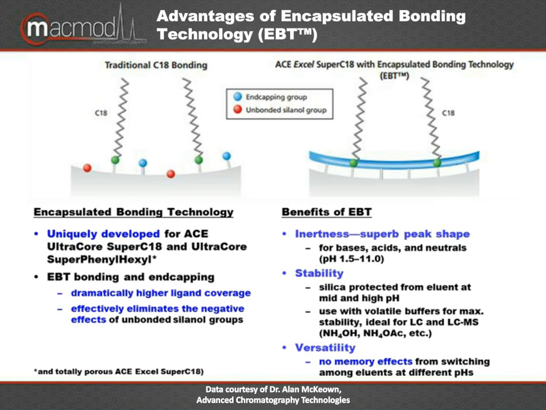You see some silanols that have been end-capped with an appropriate end-capping reagent, and then you have your C18 chains. On the right is a cartoon of what the super C18 and super phenylhexyl would look like. In this case, the super C18.